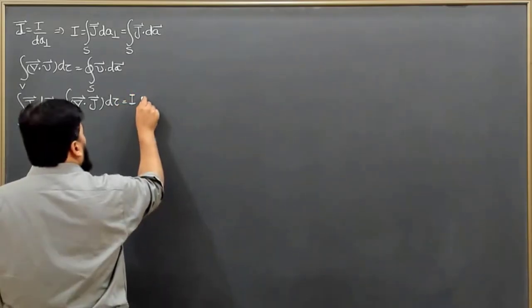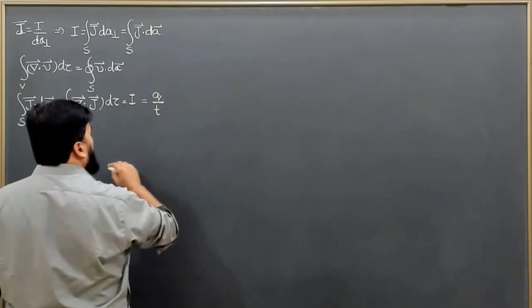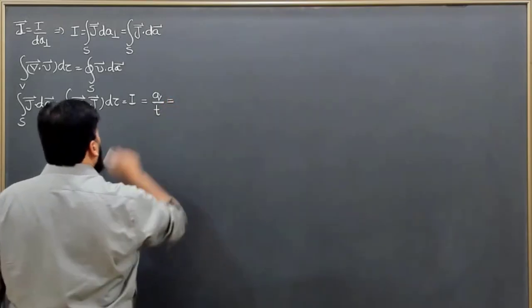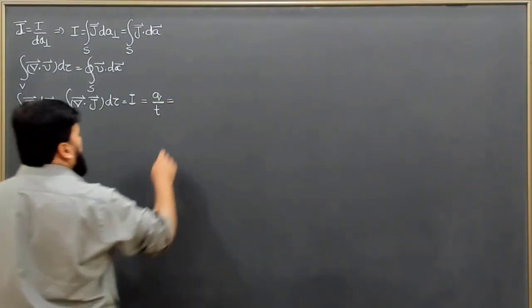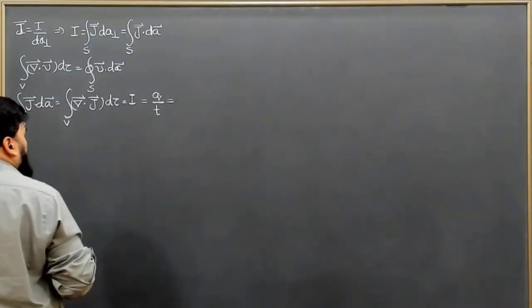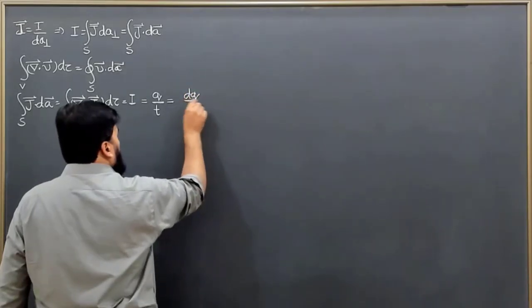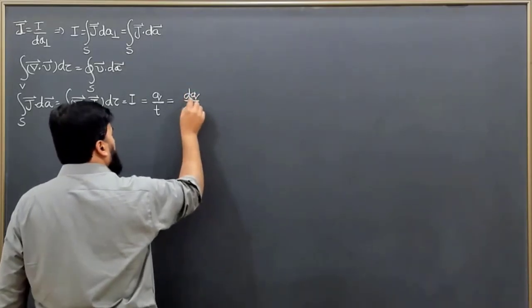And the current I can write is charge per unit time. In integral form, it is dq over dt.